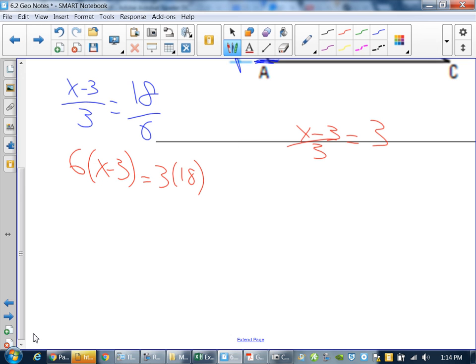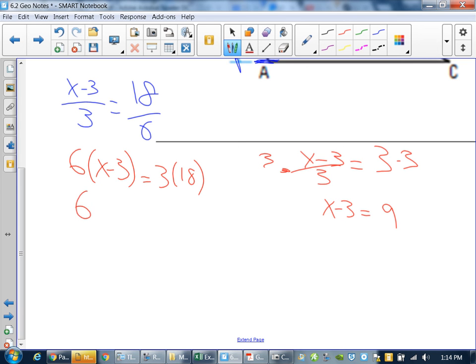Because how do you undo dividing by 3? Let's multiply both sides by 3 then. You get that. If I do it the other way, I have 6x minus 18 equals, what is that, 54? And I still get the same result.